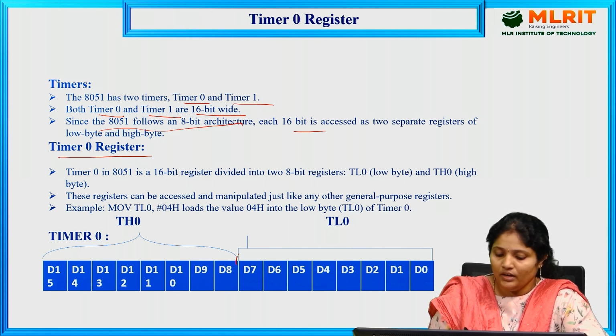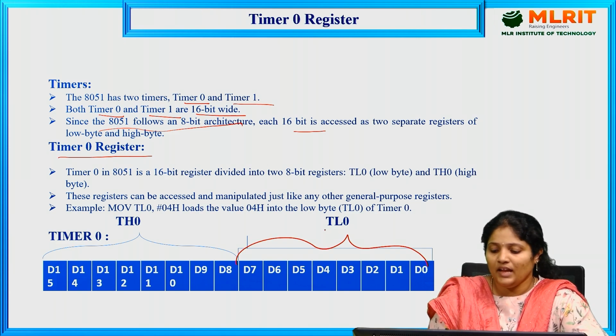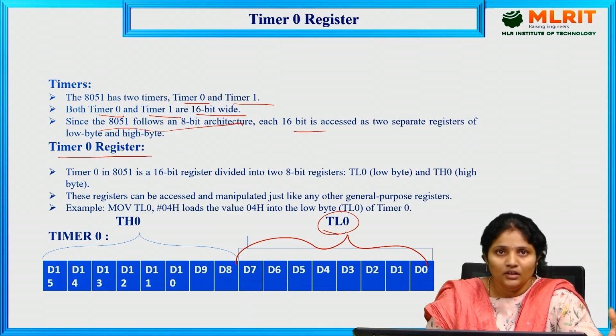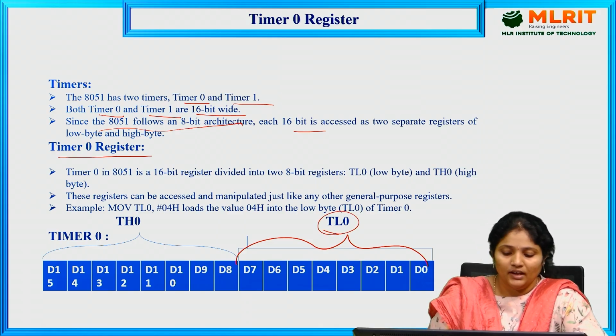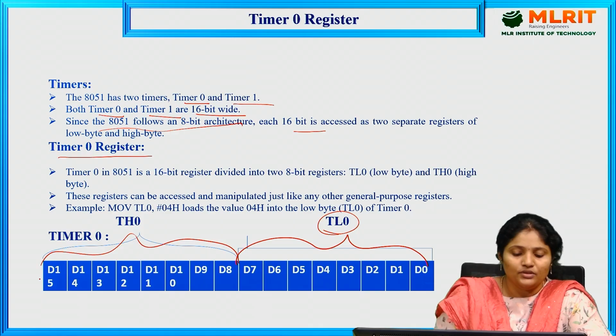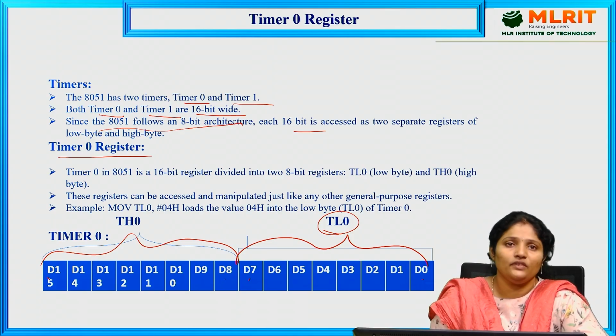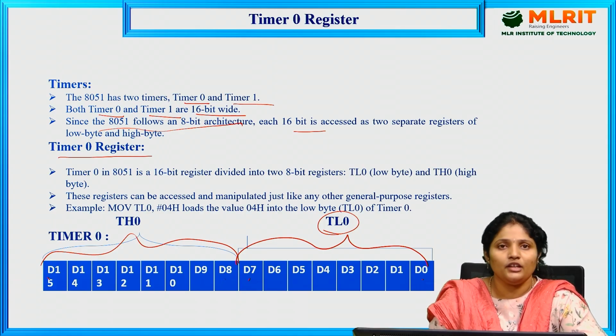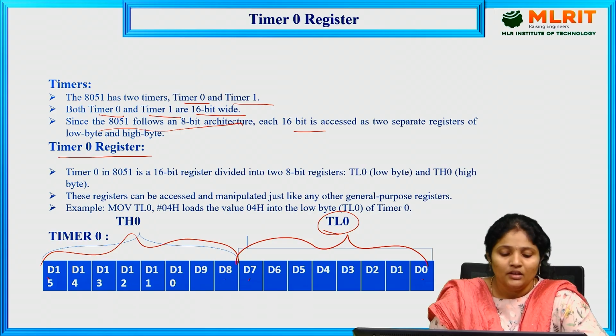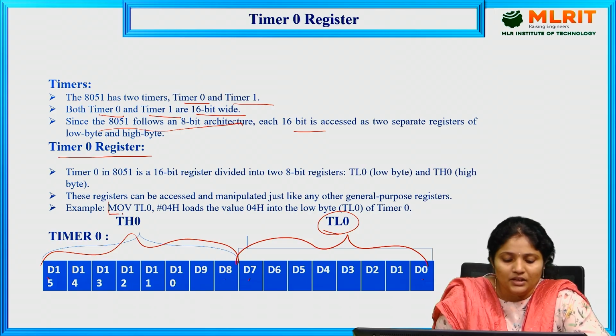The lower 8 bits can be used as TL0, the timer 0 lower byte, and the higher byte as TH0, the timer 0 higher byte. Bits D0 to D7 are used for the lower byte, and D8 to D15 are used for the higher byte. Here is one example of how we are loading.